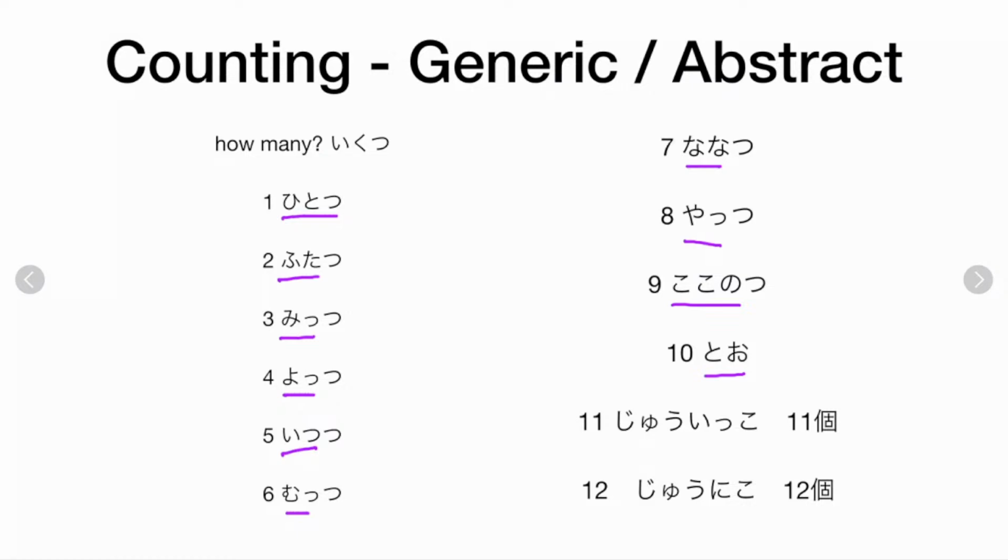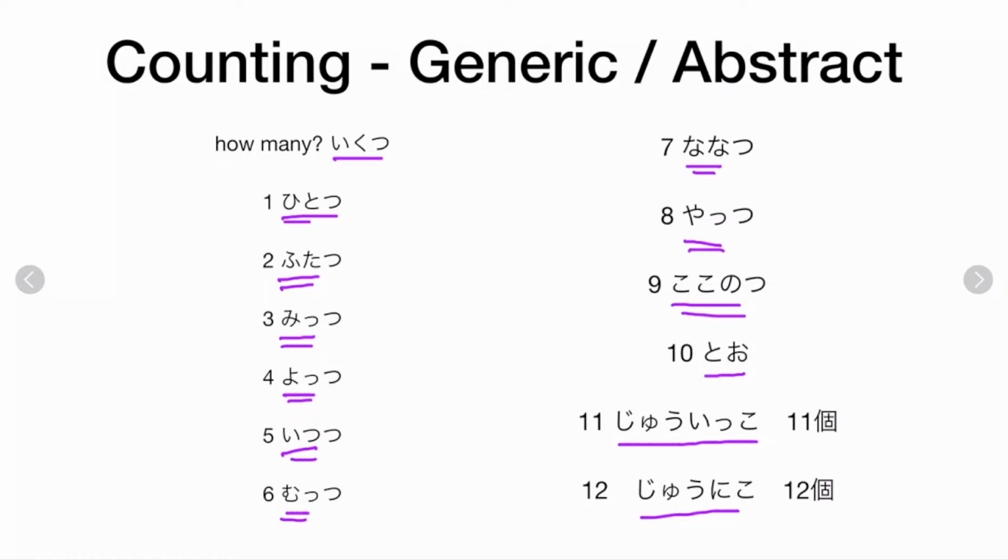And then going further, it's 11 ko, 12 ko, and then the pattern continues 13 ko, 14 ko, and so on. So from there, it's just numbers. And to ask how many, ikutsu. Okay? So this, hito, futa, mi, yo, itsu, mu, nana, ya, kokono.